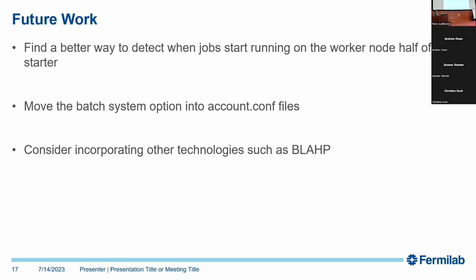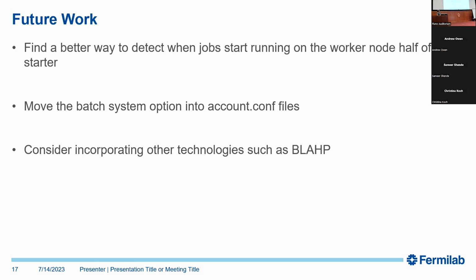We have to specify the batch system when we execute the request_glidings script. That can possibly be moved into the account.config file, so we have one less parameter there. We could also try, now that we have more time, using GLIDEIN finally, to avoid having to write those scripts manually to interact with batch systems.